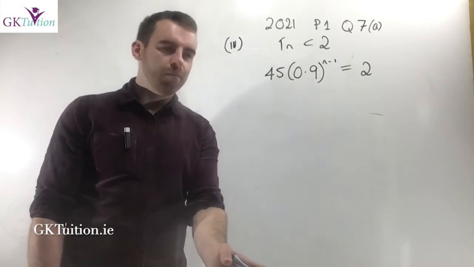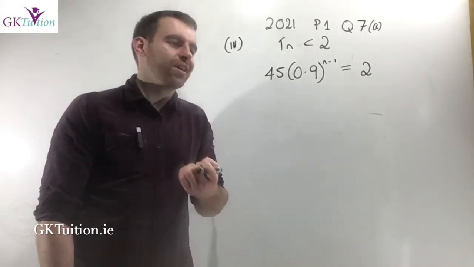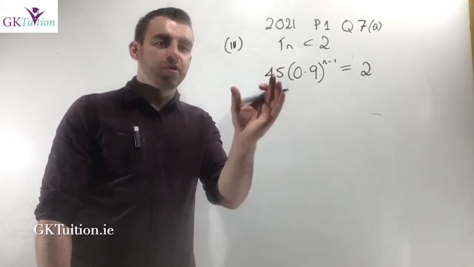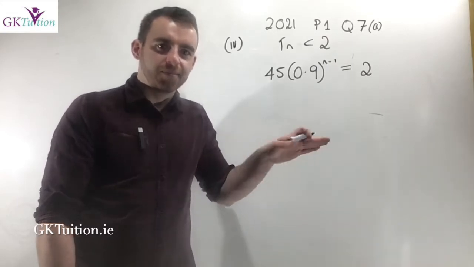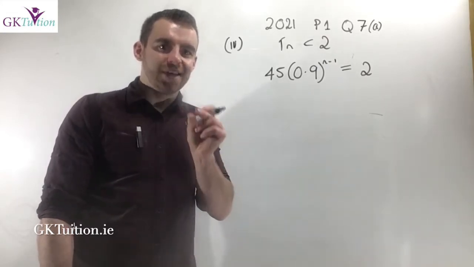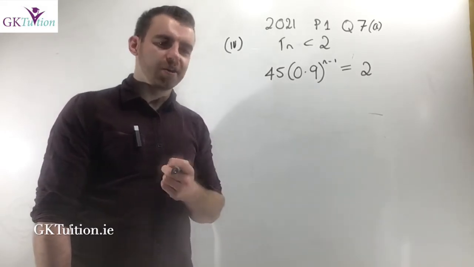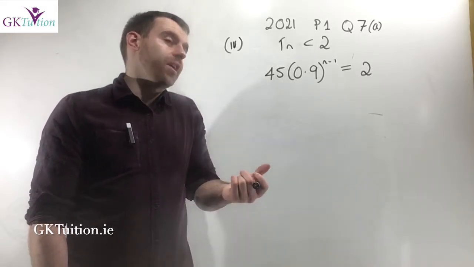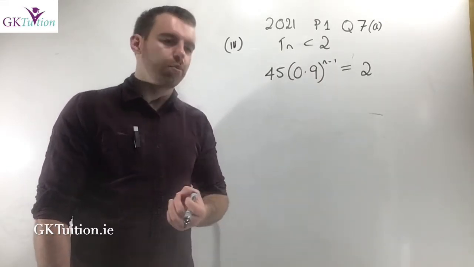So we'll address in a moment why I'm using an equals rather than an inequality, but I think it's easier to deal with if you try and find the value of n for which the length the pendulum will travel is equal to 2. Here we have one equation and one unknown, so we can solve for n. The first thing I notice here is that the unknown is in the power, so I'm going to have to introduce logs at some point.